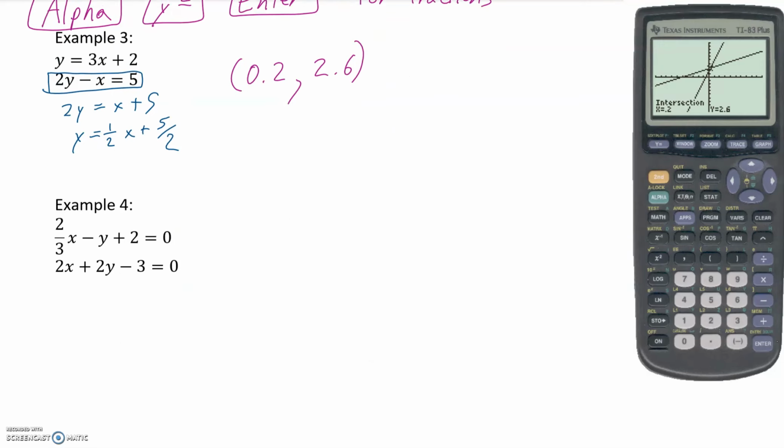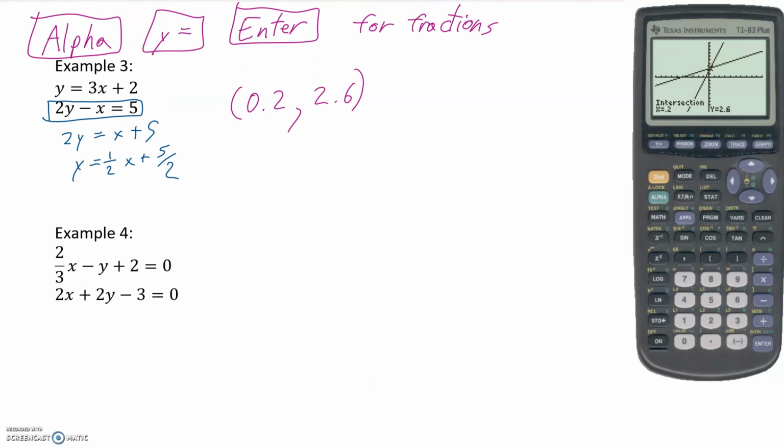Okay, and I believe this is our last example for today. So example number 4. Okay, so you're going to have to rearrange a lot more on this one. So I'm going to call our first equation the red equation and rearrange that. And the second equation will be in blue.